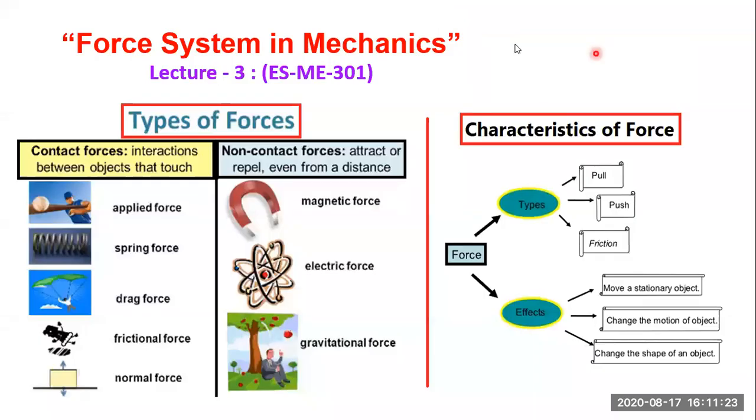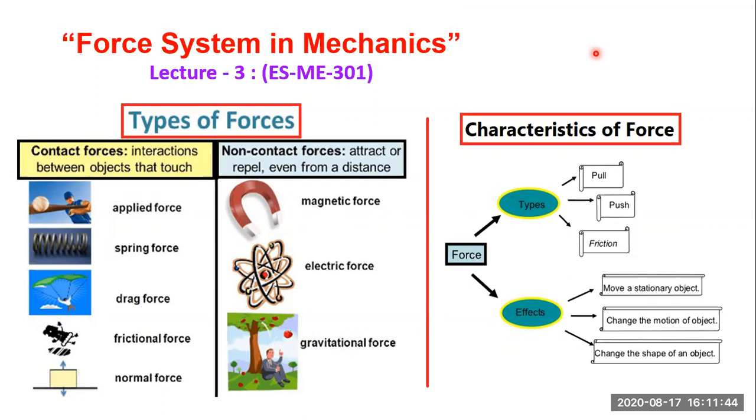Now the forces are basically of two types. One is contact forces, another type is non-contact forces. The interactions between the objects which are in touch, that means in physical contact, are known as contact forces.